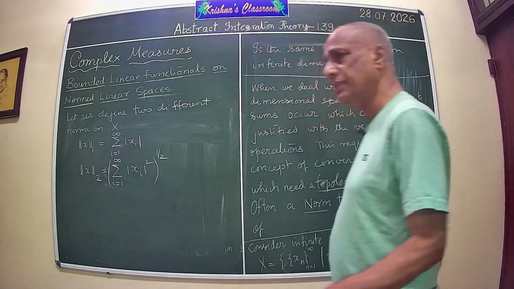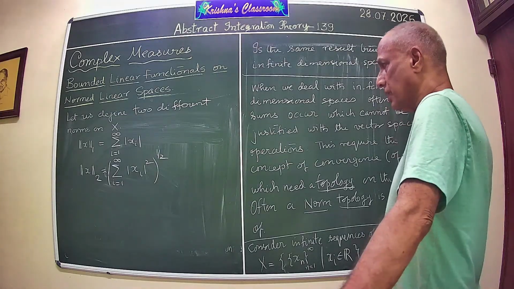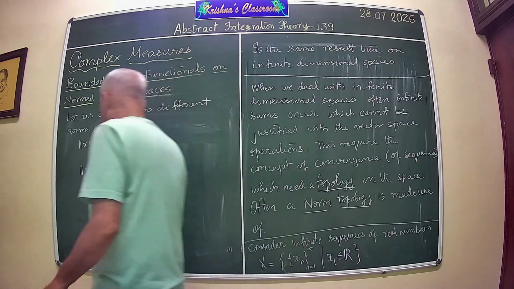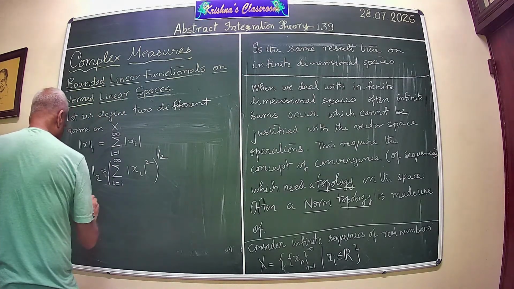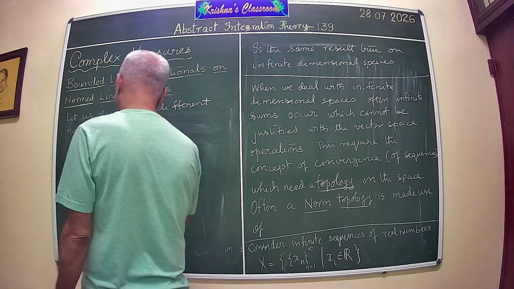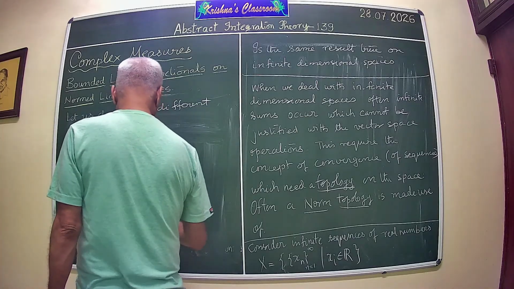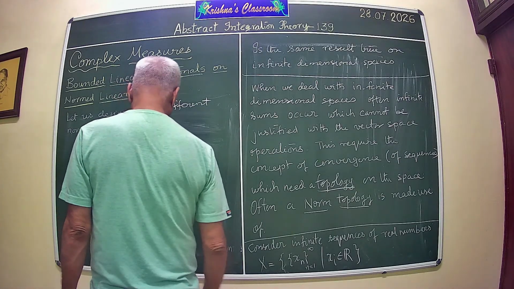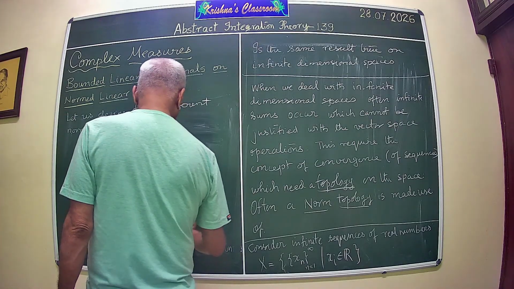For instance, if you take the sequence 1, 1, 1, 1, 1, etc., suppose you take x to be that, meaning all elements are 1. Then the sum is infinity, which is not finite.